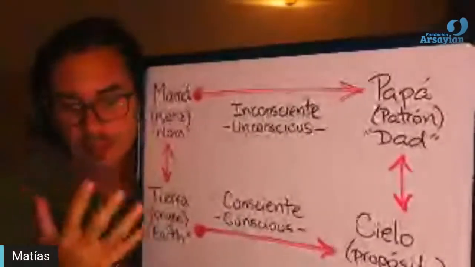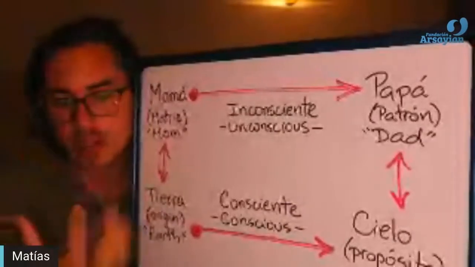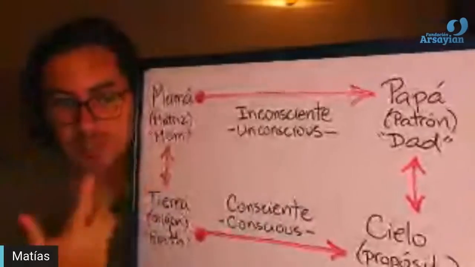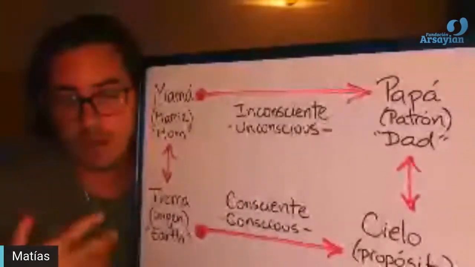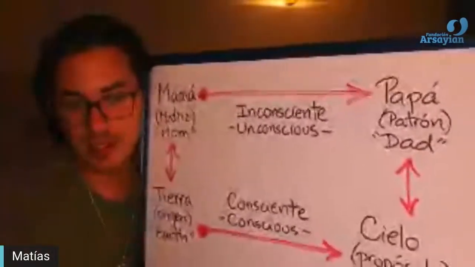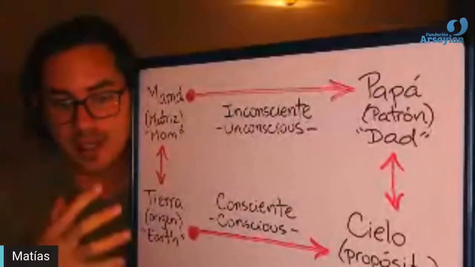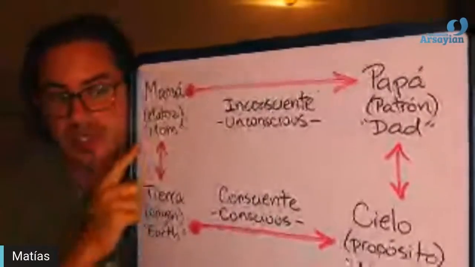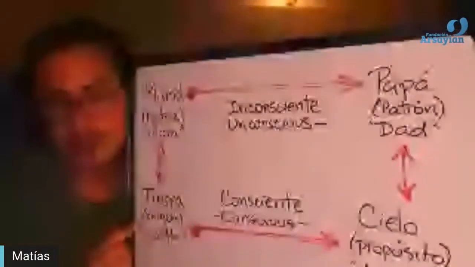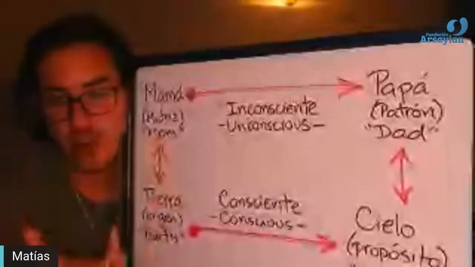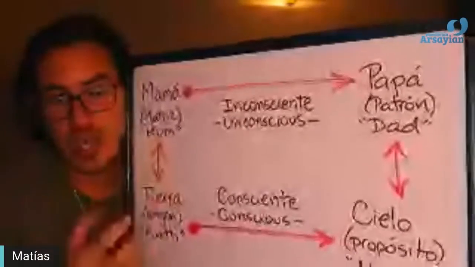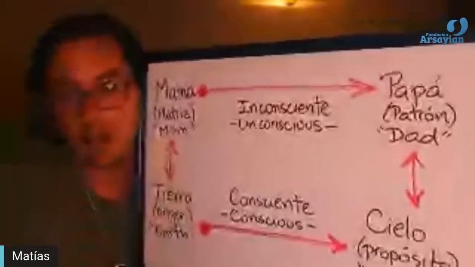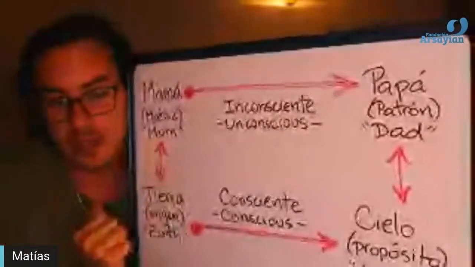And of course, the reason why we call mom the matrix is that the matrix is the womb of creation where everything is connected. Everything has this meaning all together. That's why the matrix is related to the origin, where everything emerges from one same spot. So the earth is kind of a matrix where everything is connected all together.